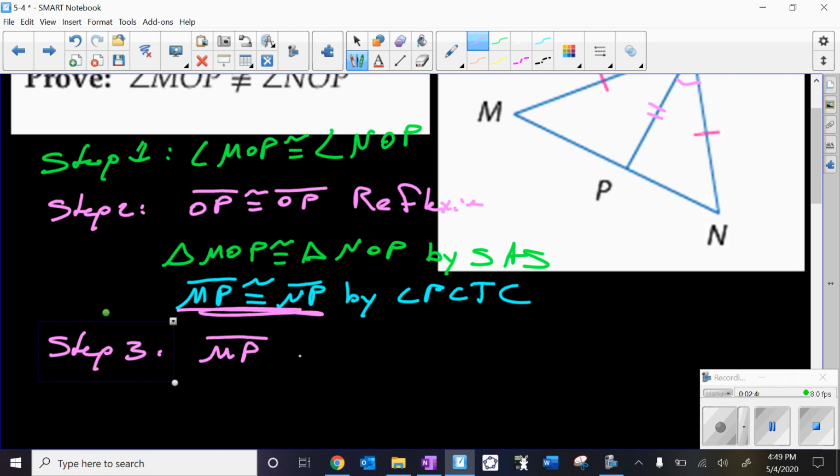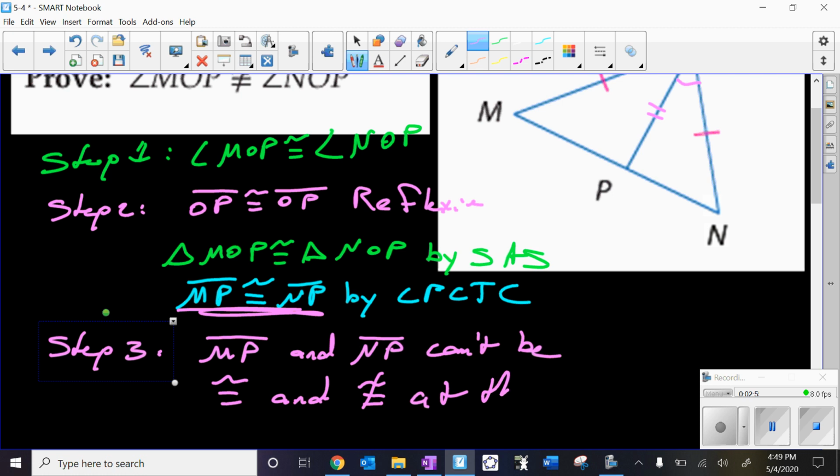MP and NP can't be congruent and not congruent at the same time. That is your contradiction. It can't be equal and not equal at the same time.